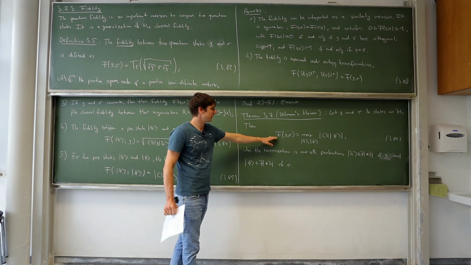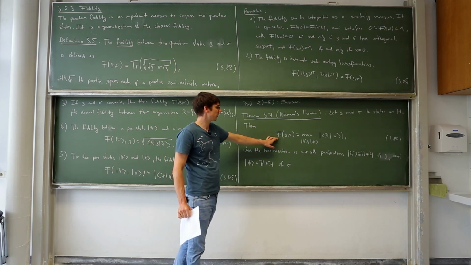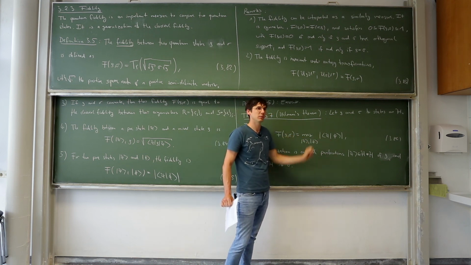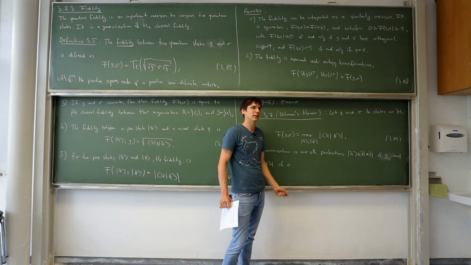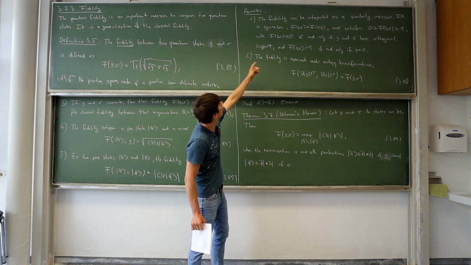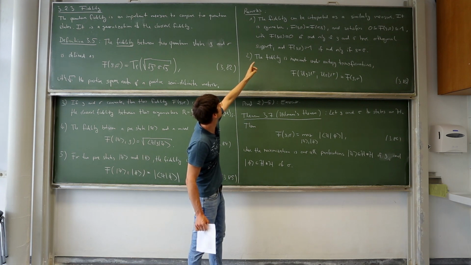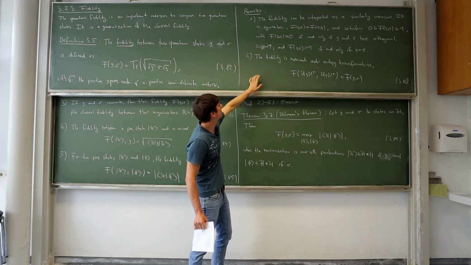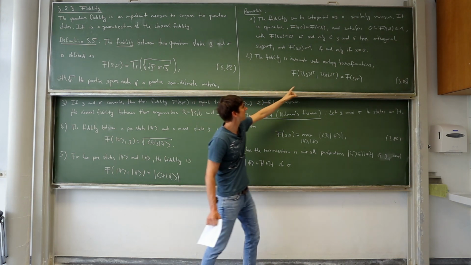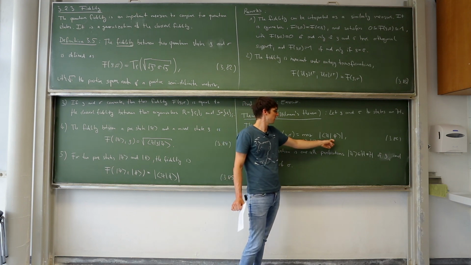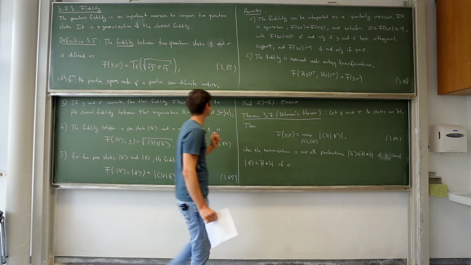We also see that the fidelity must be bounded from below by 0 and from above by 1, because the modulus of the overlap cannot exceed 1. From this we already see the properties that we stated in remark 1. We also see the property of remark 2, which says that it's invariant under unitary transformations: a unitary transformation of psi and phi does not change this overlap.